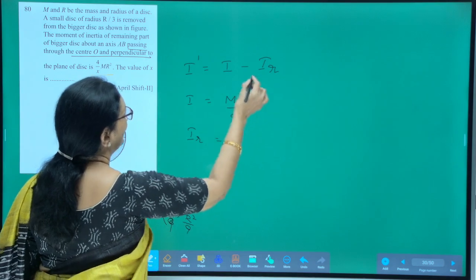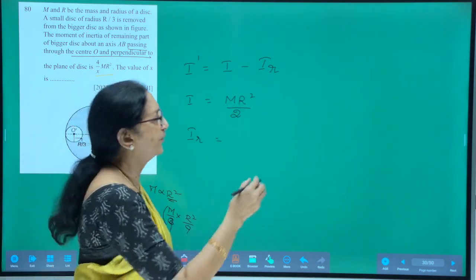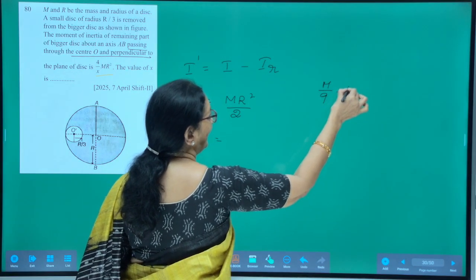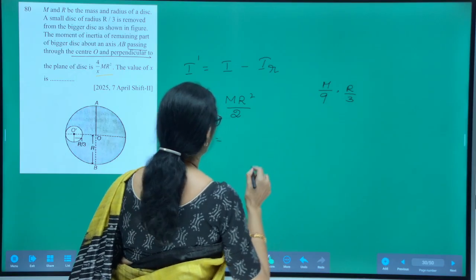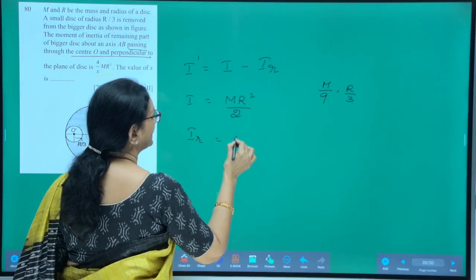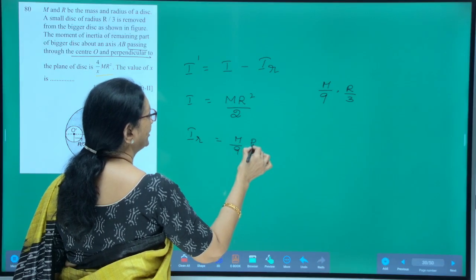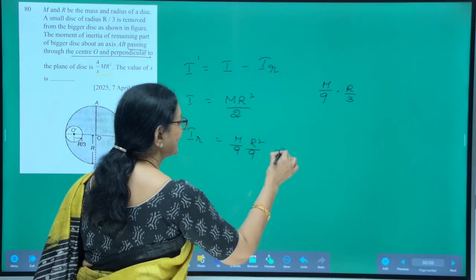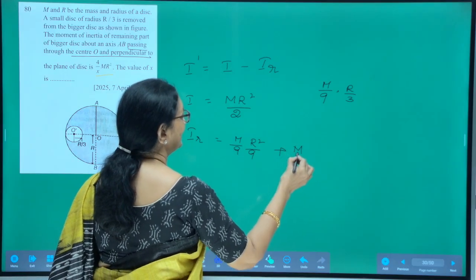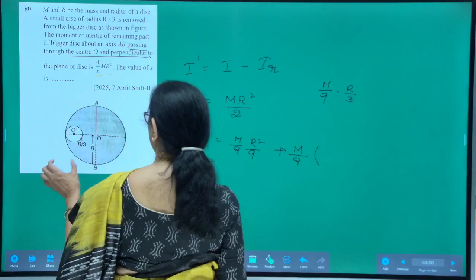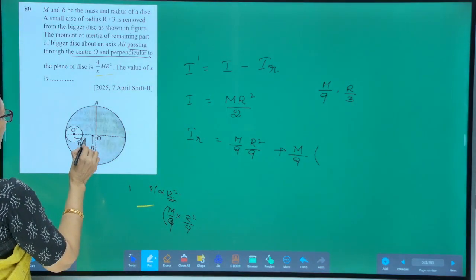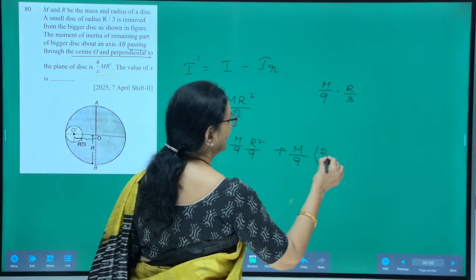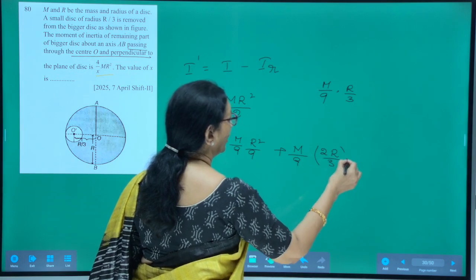So, here mass of the removed part becomes m by 9 and radius is r by 3. So its moment of inertia becomes m by 9 into r square by 9, that is Ig, plus mr square. So mass is m by 9, r is this distance. The total radius is r minus r by 3, that is 2r by 3 whole square.